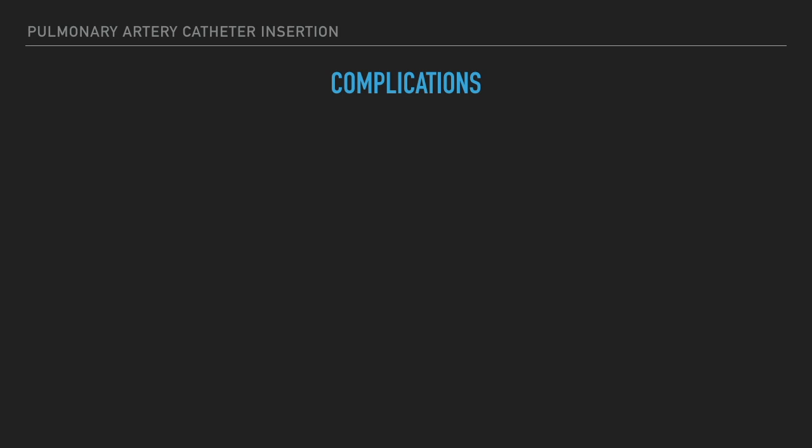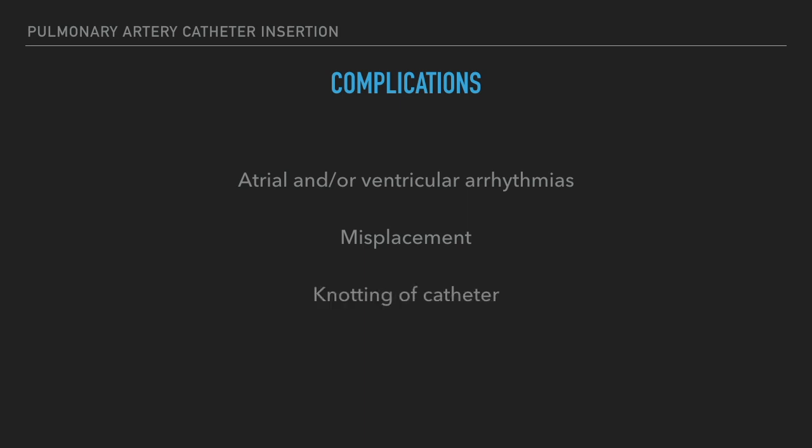The most common complications during PA catheter insertion are atrial and or ventricular arrhythmias. Less common complications include misplacement due to looping of the catheter, knotting of the catheter, and myocardial vessel or valve rupture.